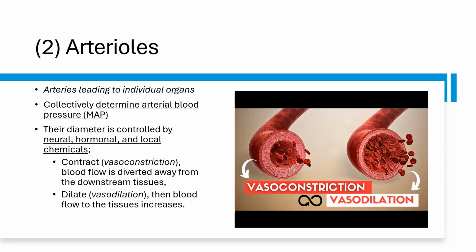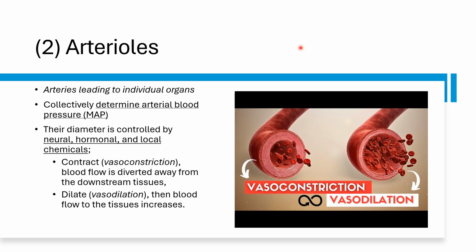The next thing we're going to take a quick look at is arterioles. So that's the next level: arteries leading to individual organs. Collectively, the term that we use for arterial blood pressure is MAP. Their diameter is controlled by three different systems. The nervous system can control their vasoconstriction or vasodilation.